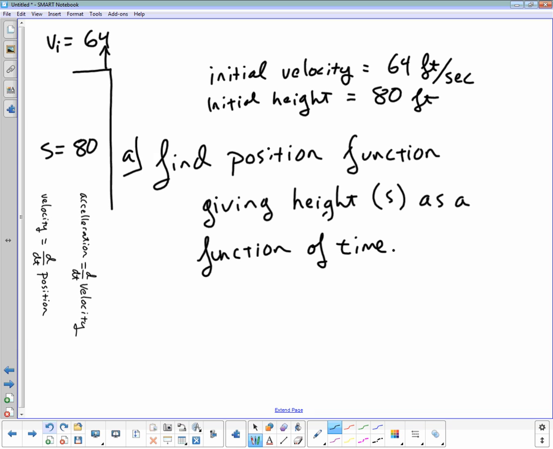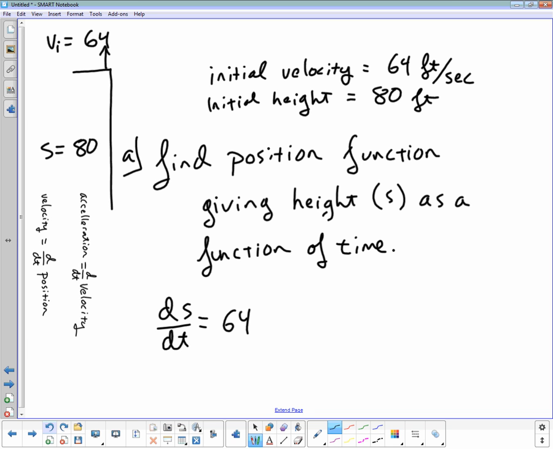So this is what we've been asked to do. So we take what information we have. Okay? We have an initial velocity. All right? So we can say ds dt is equal to 64, okay, feet per second.